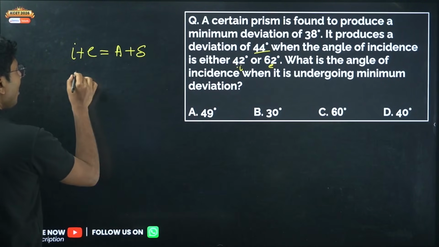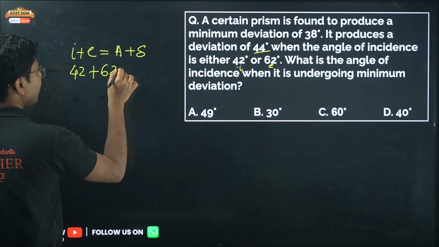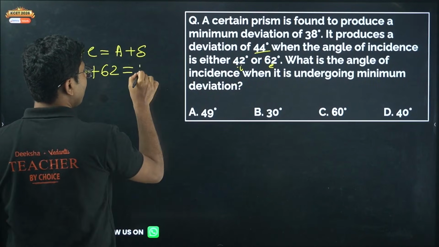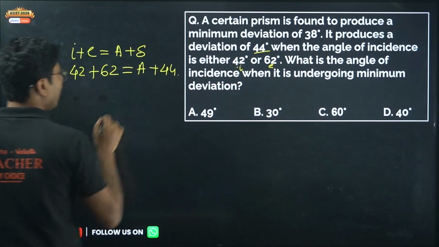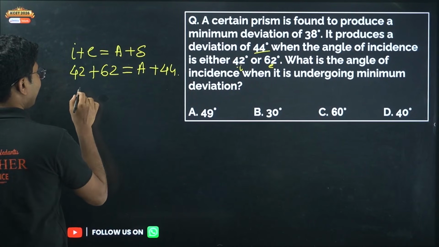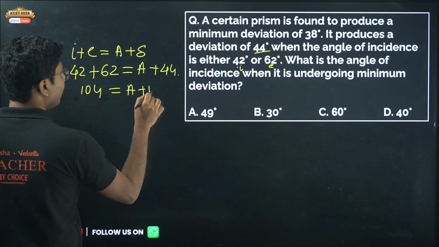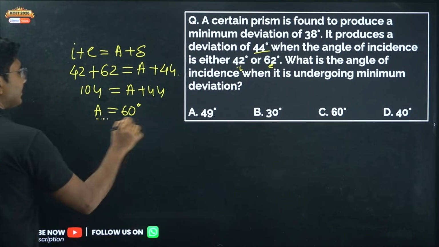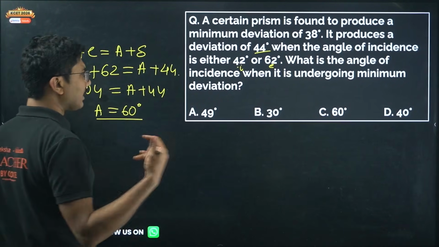So what is given? 42 is the angle of incidence, 62 is the angle of emergence, and that equals A, which is not known, plus delta, which is 44 degrees. So we get 104 equals A plus 44, or A equals 60 degrees. So this is an equilateral prism.